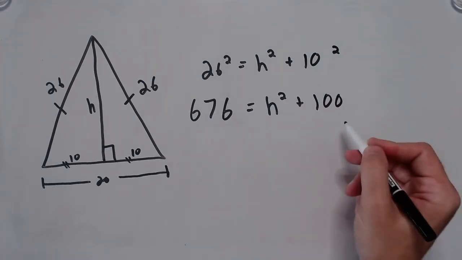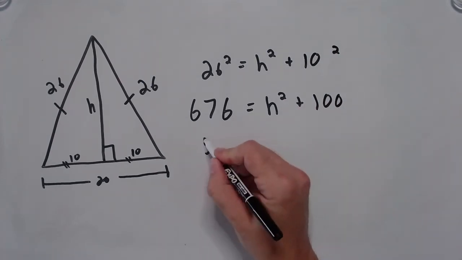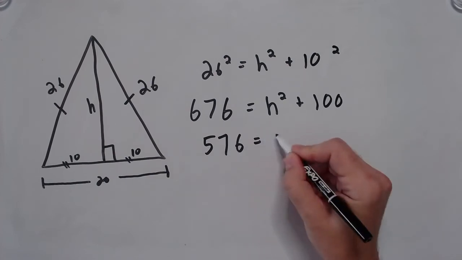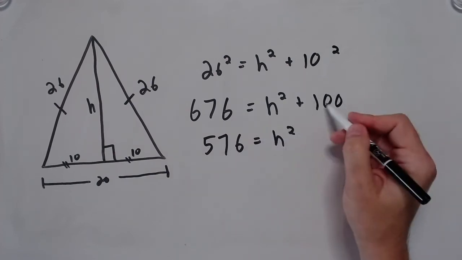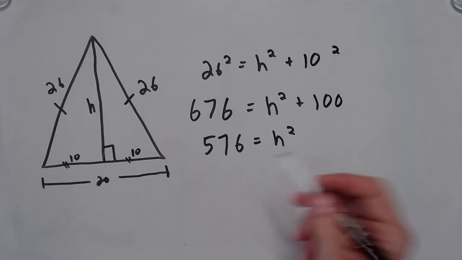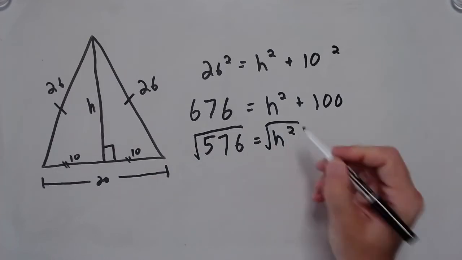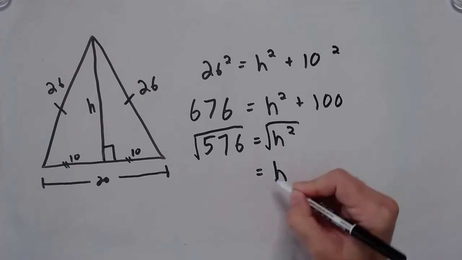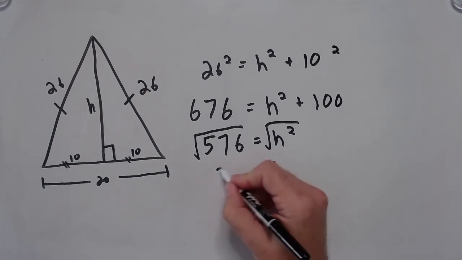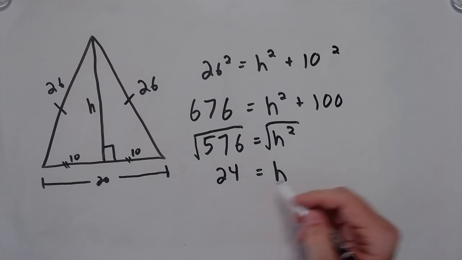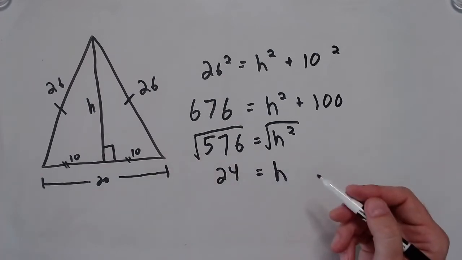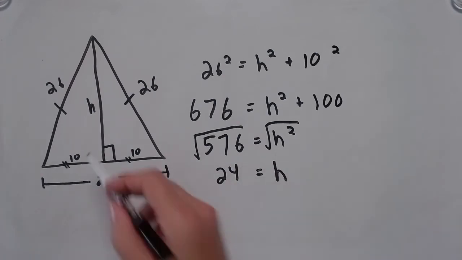So we're going to subtract 100 from both sides. We end up with 576 equals h squared. I just took this 100, subtracted. So let's find the square root. So I'm going to take the square root of both sides. And h is equal to 24. So here's another Pythagorean triple. 10, 24, 26.